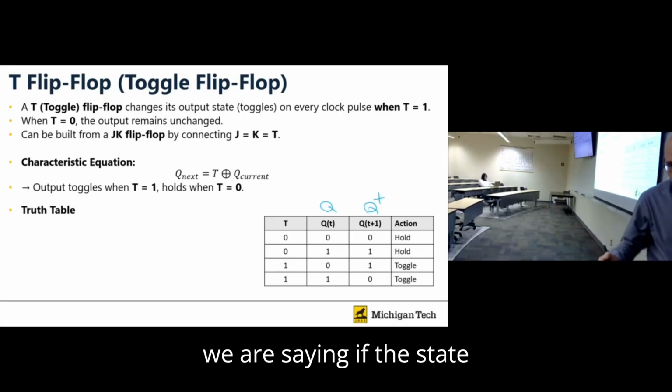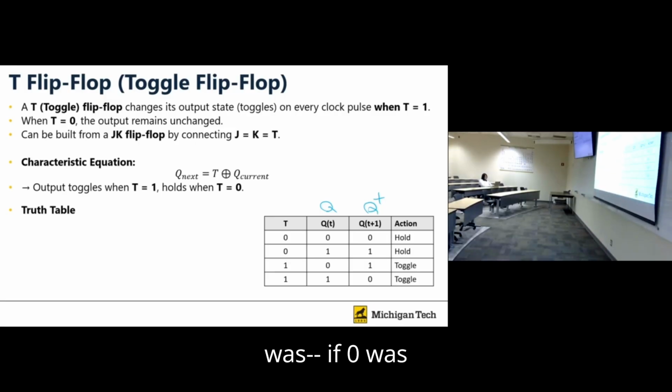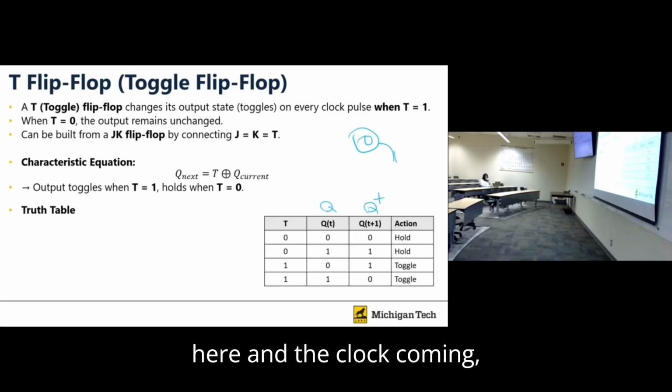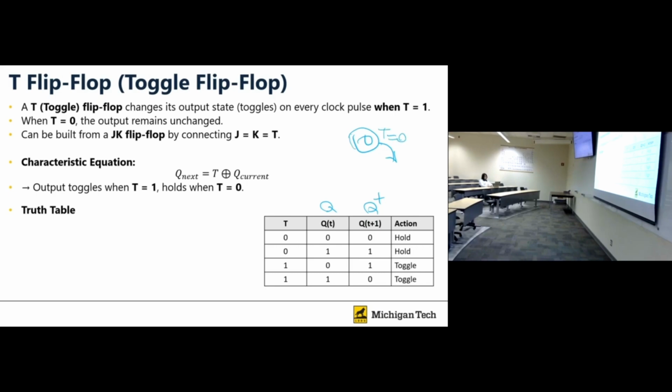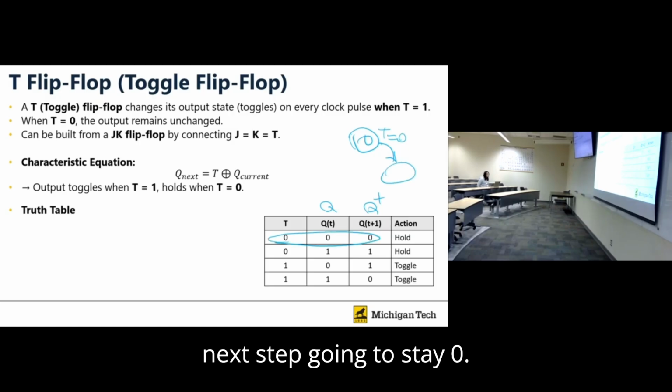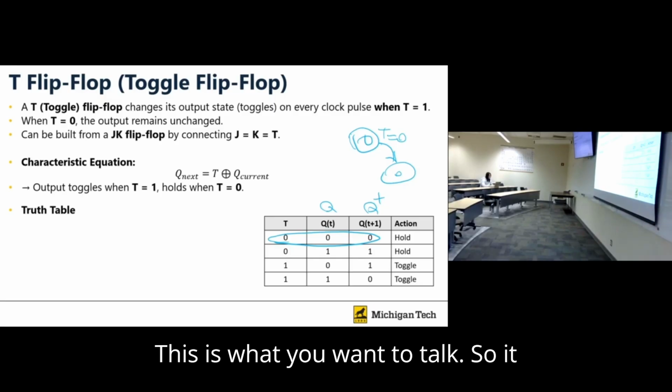So we are saying if the state was 0 and the clock comes, if T is 0, the next state is going to stay 0. This is what we want to talk about.